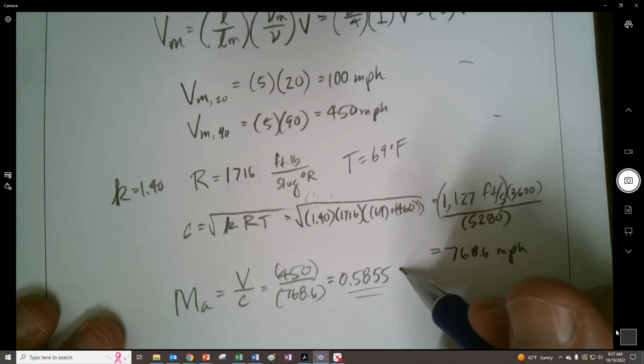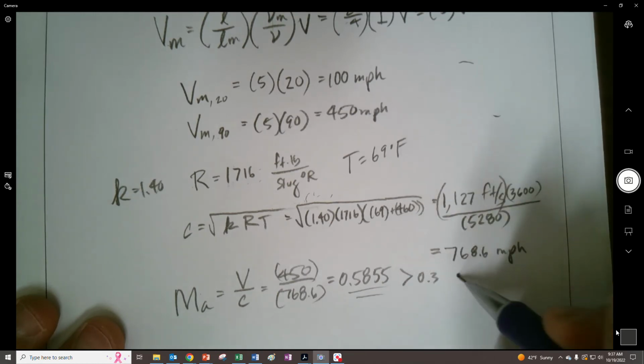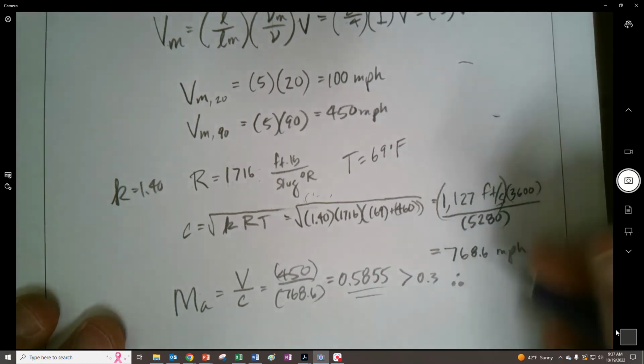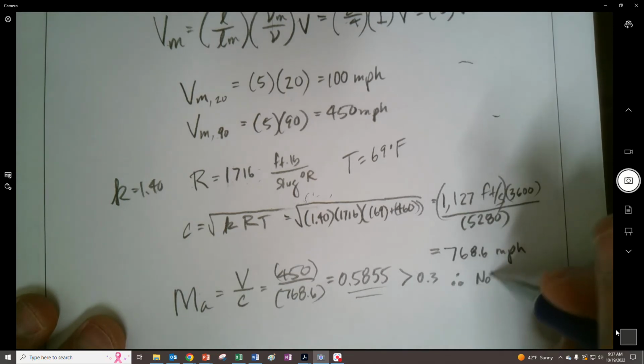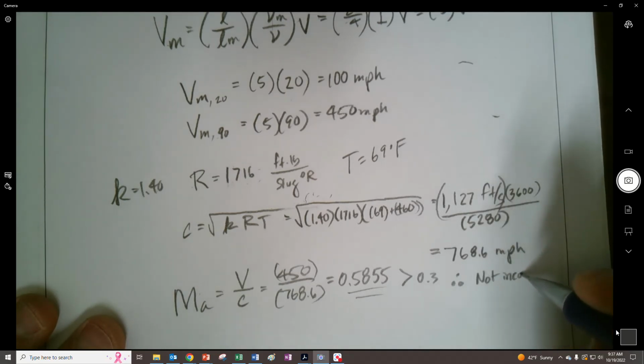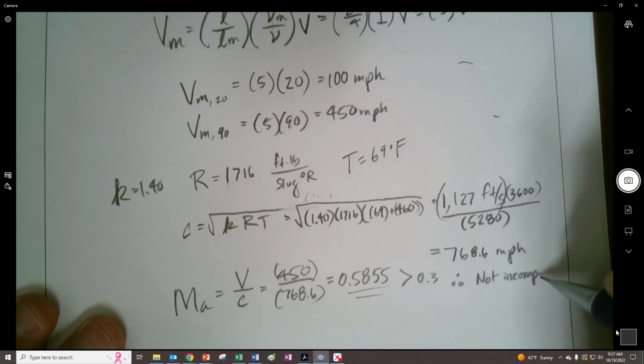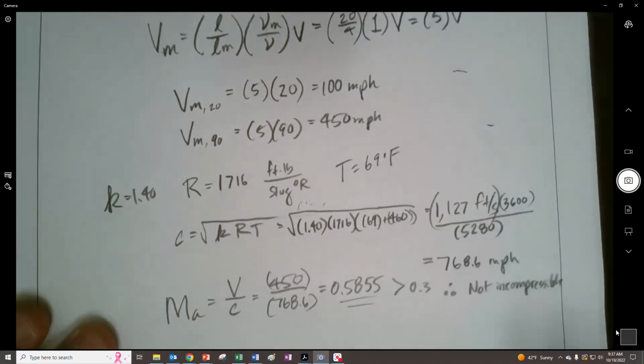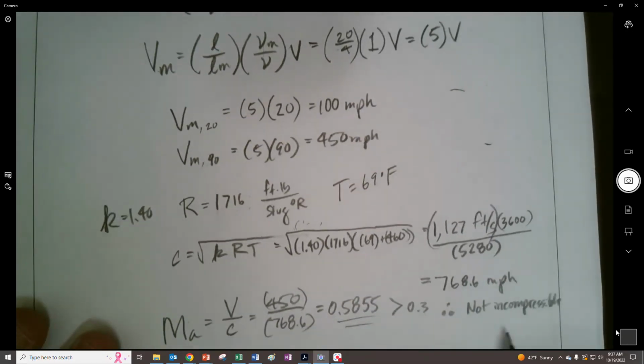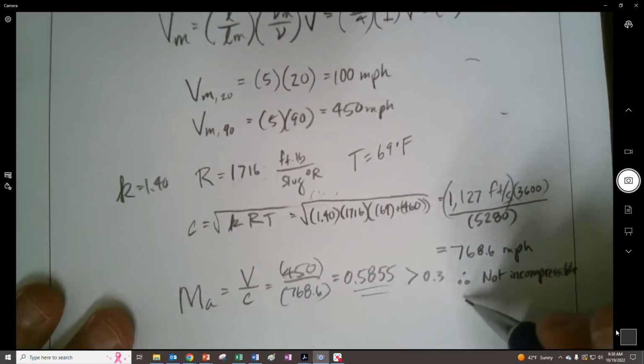Which is greater than 0.3, therefore it can't be treated as incompressible. So this is not really suitable, and therefore not suitable.